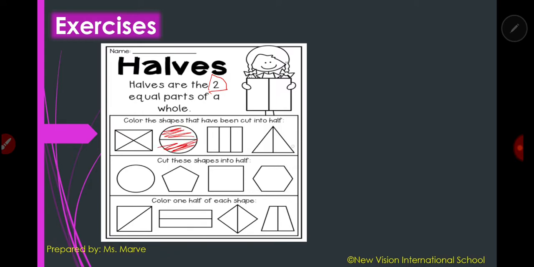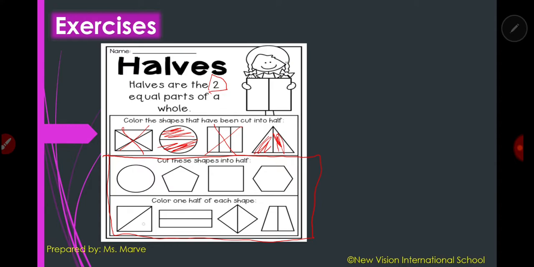This. And then this. This one is wrong because there are 3, and this one is wrong because there are 4. How about here? Cut this shape into half. Okay, this one and the down, you are going to answer it alone. Answer it alone first, and then we will check your answer. Start now.